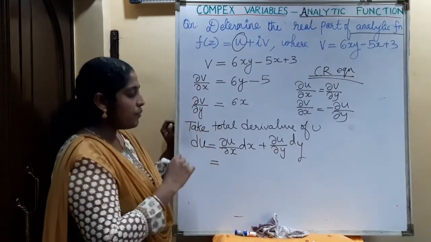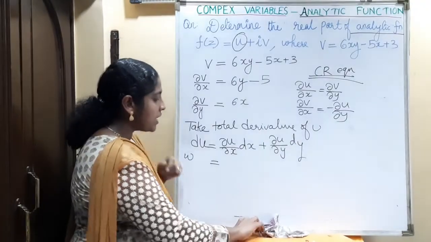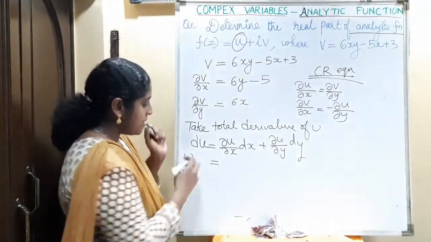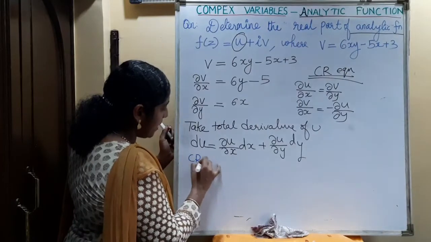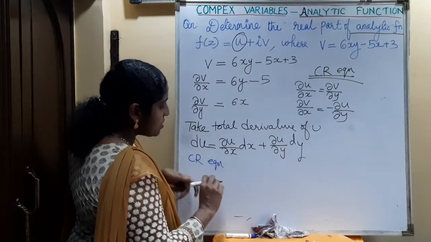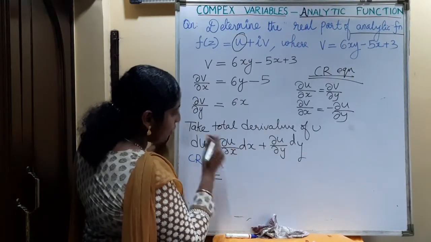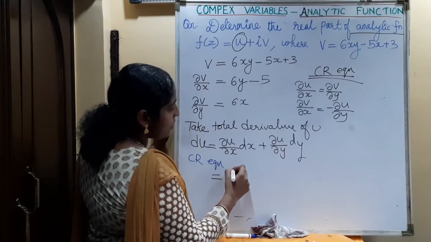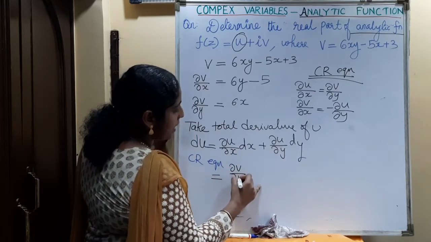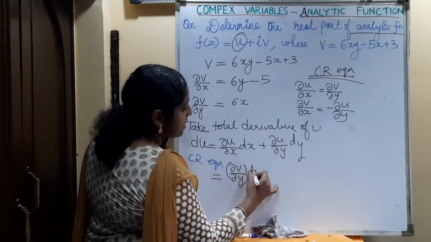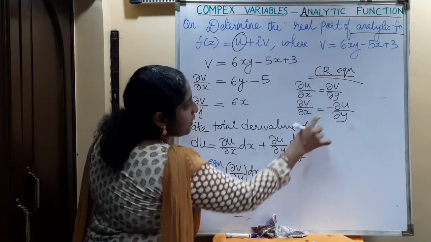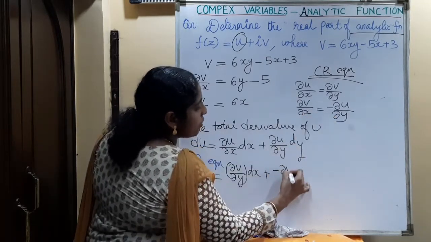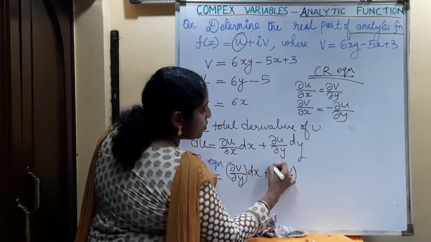Now we apply the Cauchy Riemann equations there. So this is equal to dou v by dou y into dx, plus minus dou v by dou x into dy.